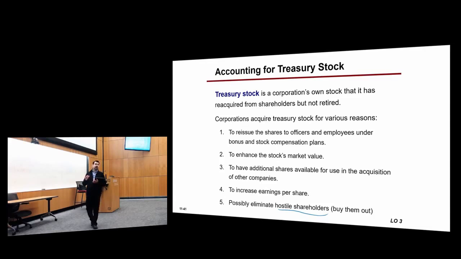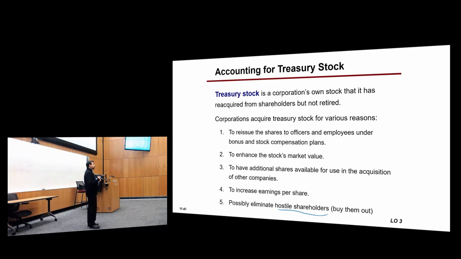Sometimes they do that to have fewer shares outstanding. Remember that net income eventually would be divided by the outstanding shares, right? So if they want to increase earnings per share, the earnings will be divided over a lower number of shares outstanding. That would give a better number.